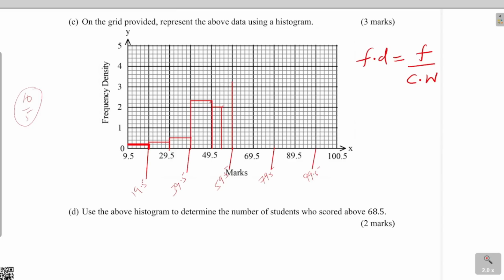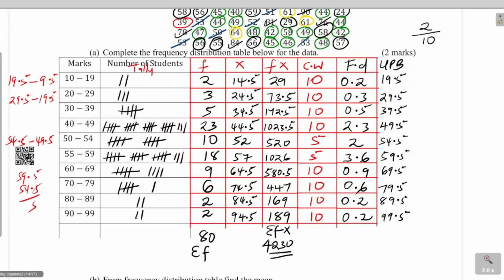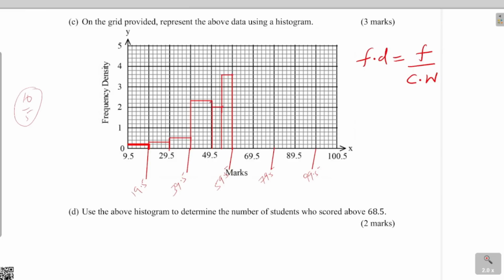It will be like that. Then the other one is 69.5, with frequency density 0.9. So 0.9 goes up to that point.